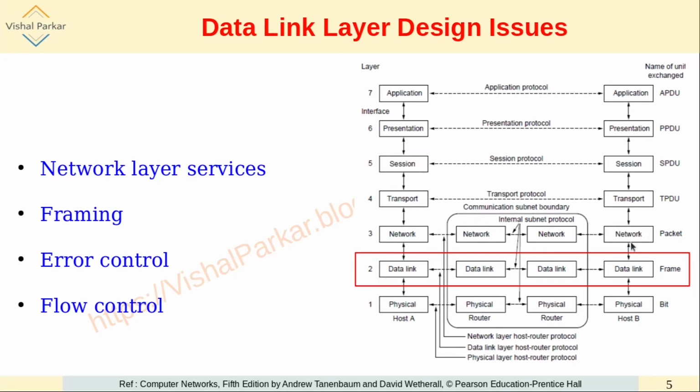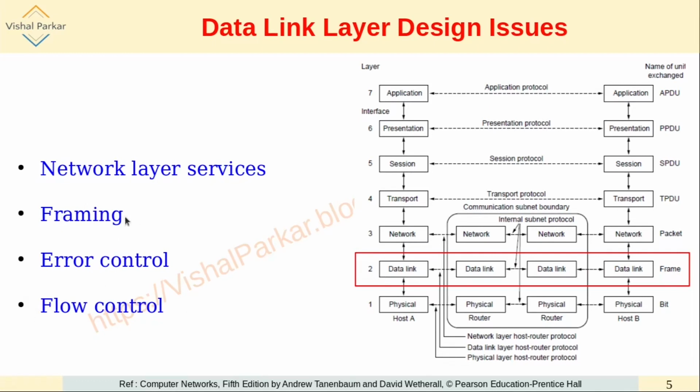And while in the transfer, it makes sure that the data is transferred reliably and efficiently. To make the communication reliable and efficient, these are some of the techniques which are used: the framing technique, error control, and flow control.